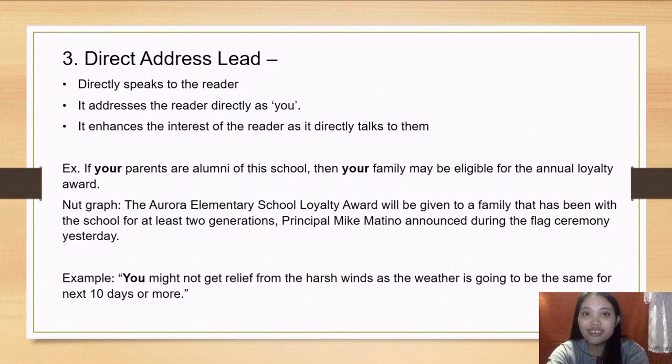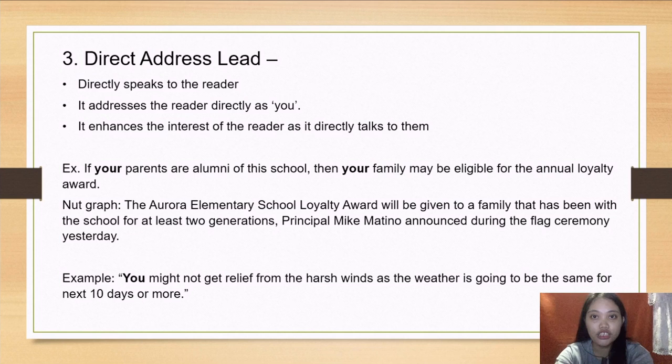So for example, the alternative lead, a direct address lead: "If your parents are alumni of the school, then your family may be eligible for the annual loyalty award." The nut graf answers the question, what is the story all about, or what is the statement or item all about.